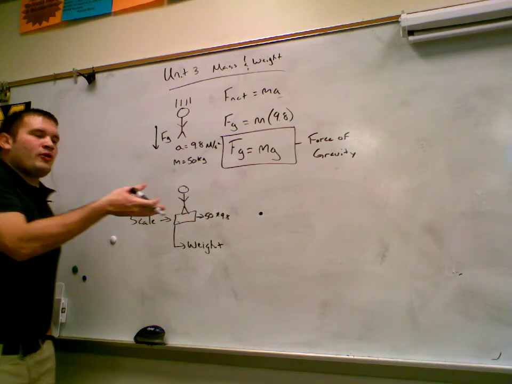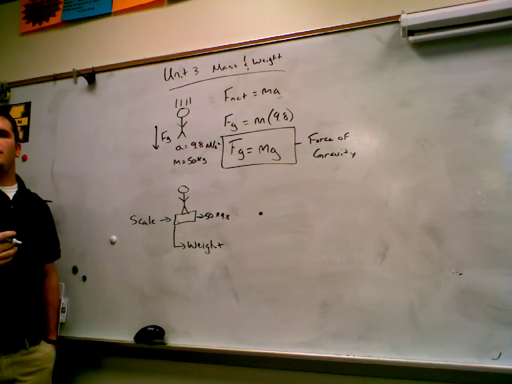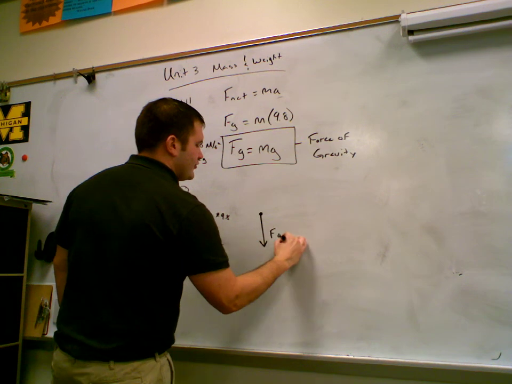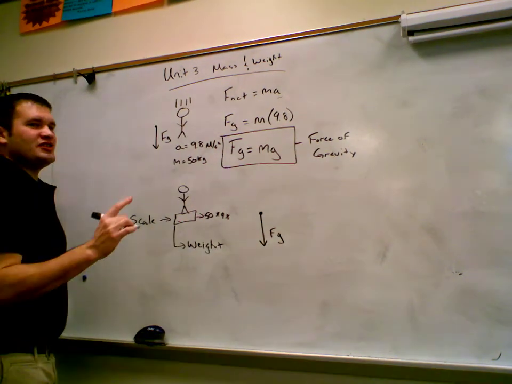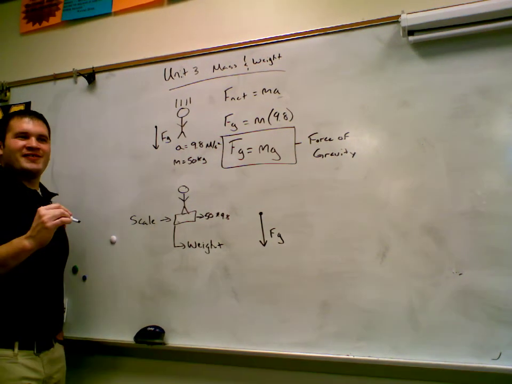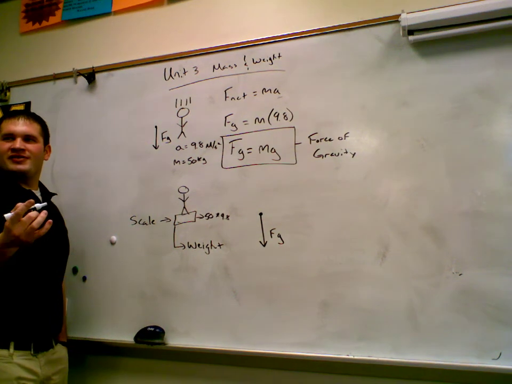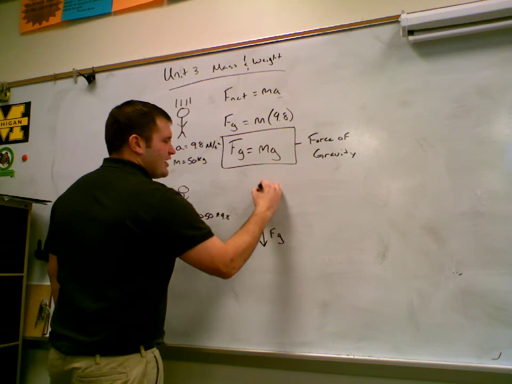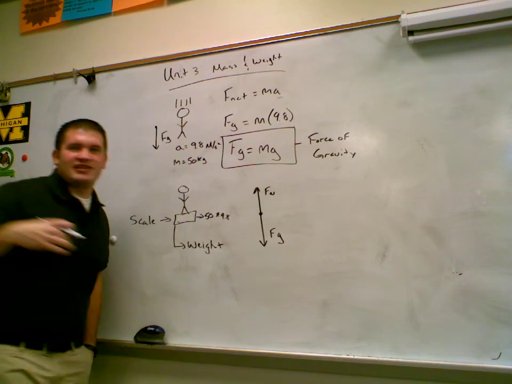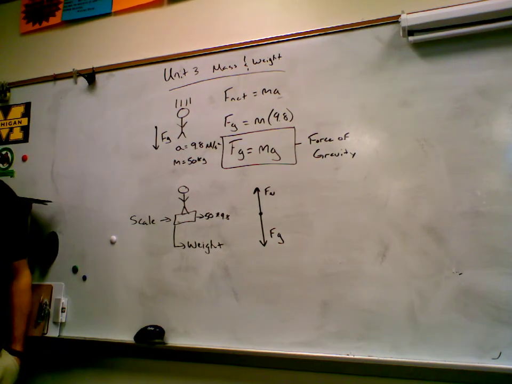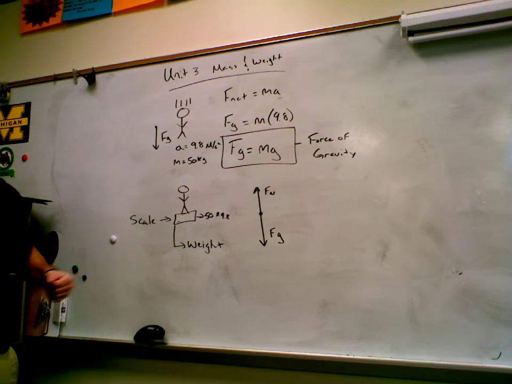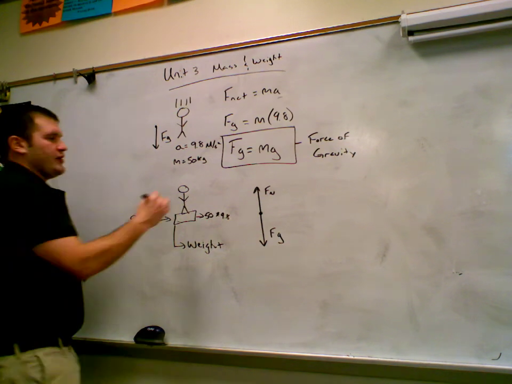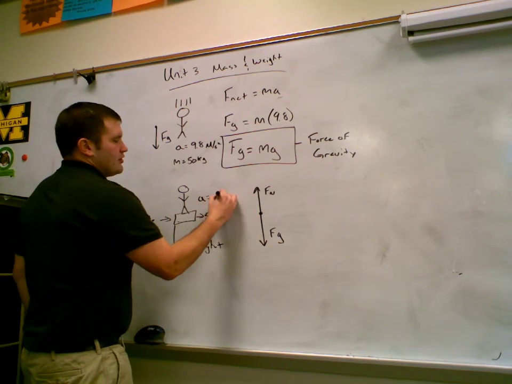Well, what's pulling down on the person on the scale? Gravity. What's pushing up? Normal force. Now, the way a scale works, it is designed to record the normal force needed to support you. That's what the scale reads. What's this person's acceleration at this point? 0, right?